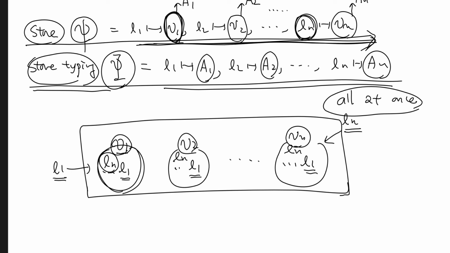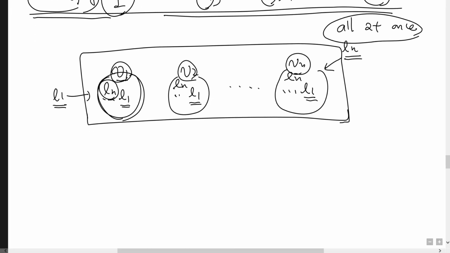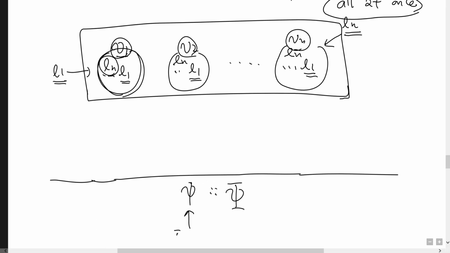So formally, we write it in this way. How do we calculate the type given a store psi? How do we calculate its store typing capital psi? You can think of this one as the input to the problem: you are given a store.